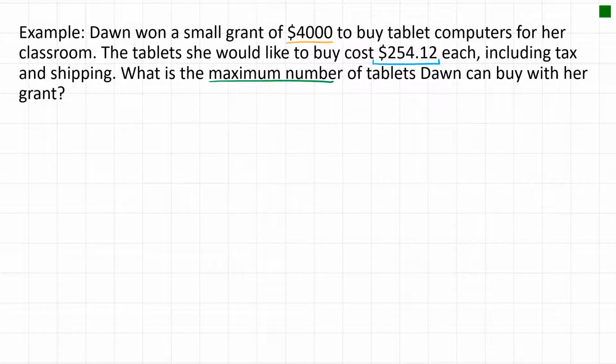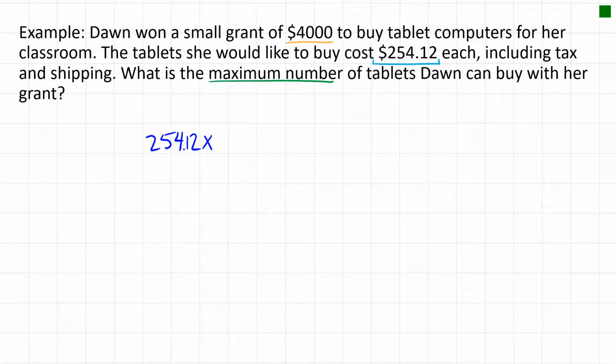So to put this together, we need to think about what we're asked to find, which is the number of tablets, the maximum number of tablets. So if she was to buy, say, X tablets, which is our unknown, they would each cost $254.12.